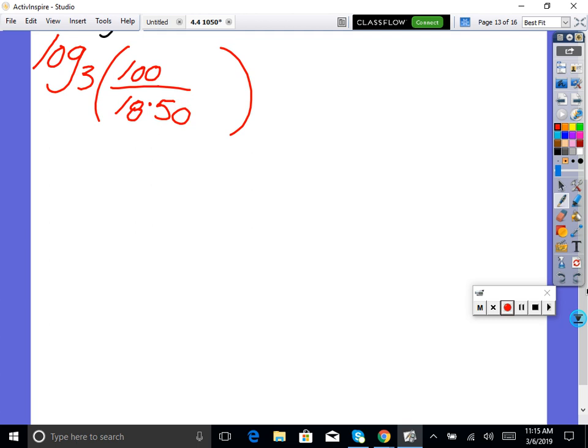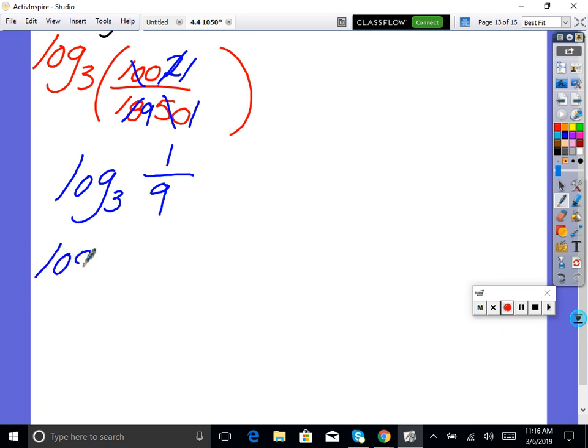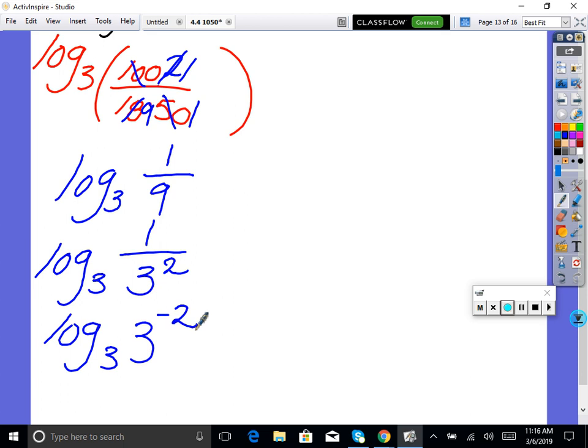So you would go, okay. Yep, so this is 1, this is 2. So then 2 over 18 becomes 1/9, doesn't it? So then you say I have log the base 3 of 1 divided by 9. Which is log to the base 3 of 1 over 3 squared, which is log to the base 3 of 3 to the negative 2, which is negative 2. Okay, awesome.